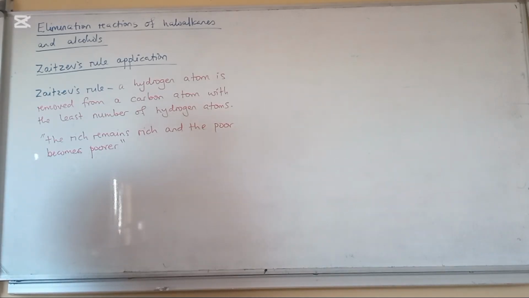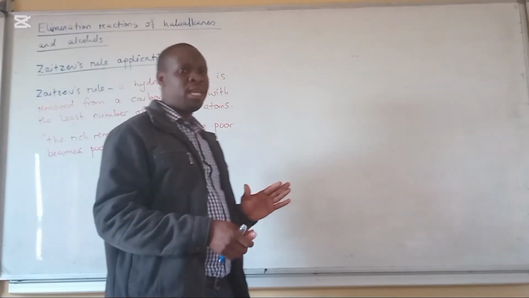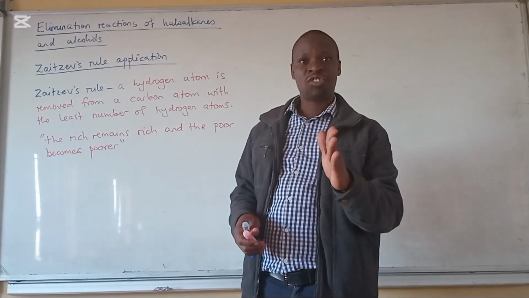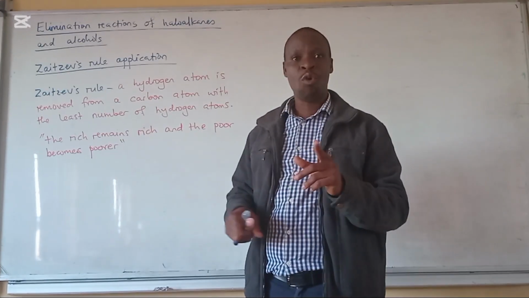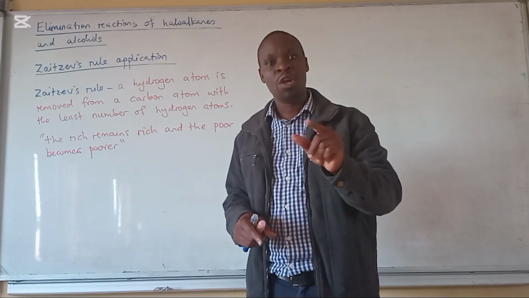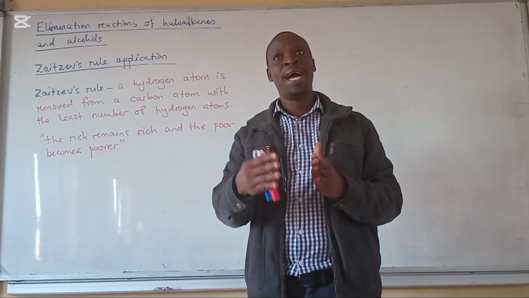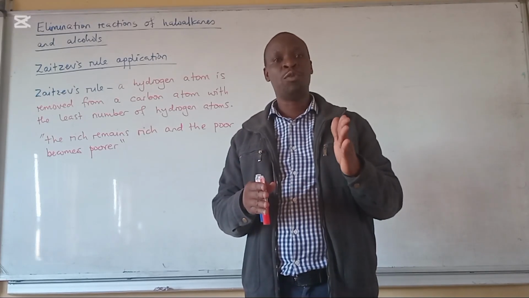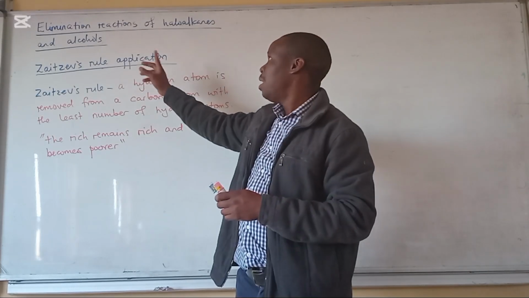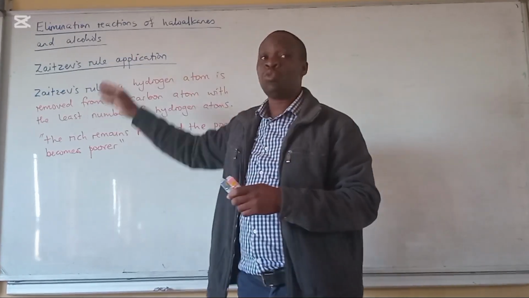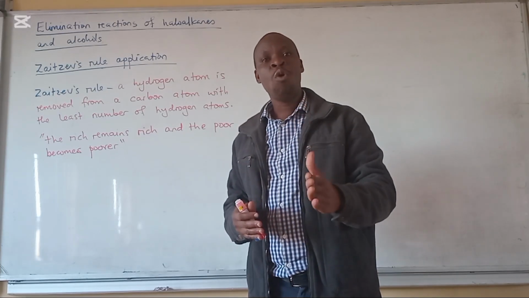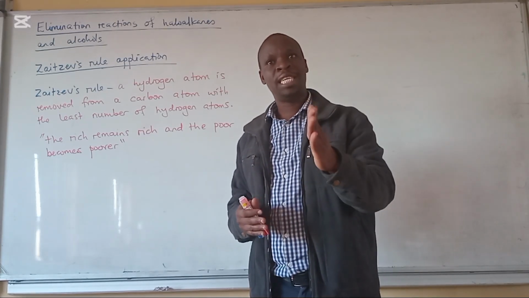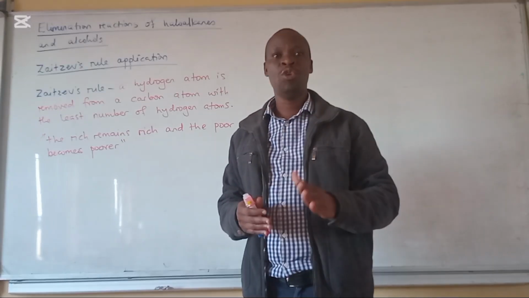Let me start with a reaction that does not require application of the Zaitzev rule, so that whenever you answer a question that involves elimination of either the haloalkanes or the alcohols, you will know when to apply the Zaitzev rule and when not to.